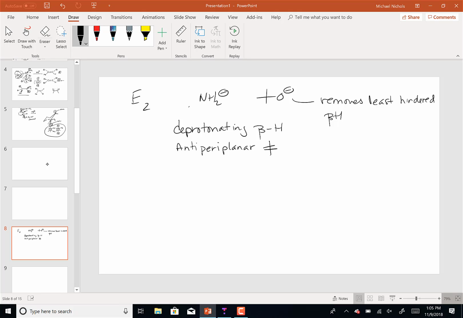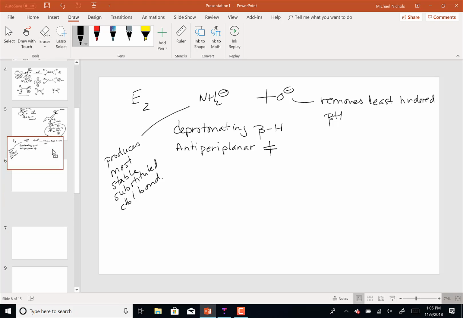What about the NH2 minus? It produces the most stable, most substituted double bond. So that's where we were at.